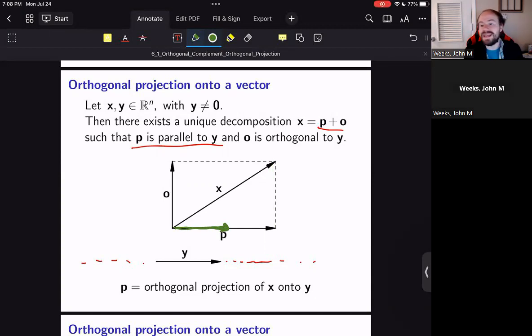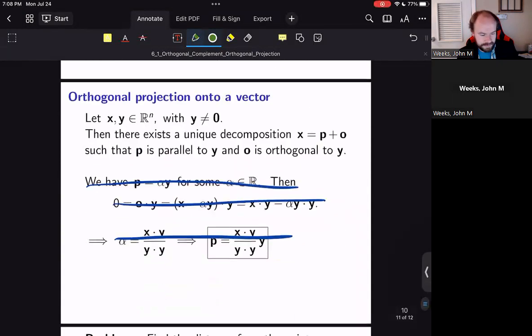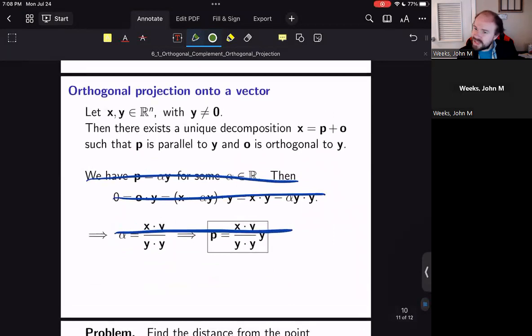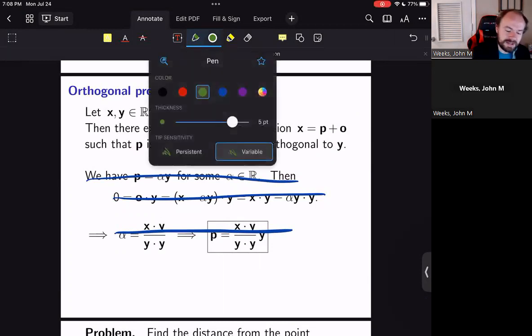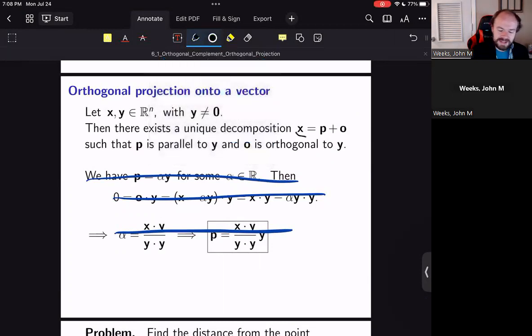Once again, it is unique thanks to the machinery that we were given from the more general work of this in subspaces. Now, the question is, how can we derive this formula? Because we know that it is not always the case that the dot product of any two vectors is going to be 0, even if we pick something that's not parallel to the vector y that we wish to project onto. So we've got this unique decomposition here of x equals p plus o, and the question is, how are we going to find this dot product?